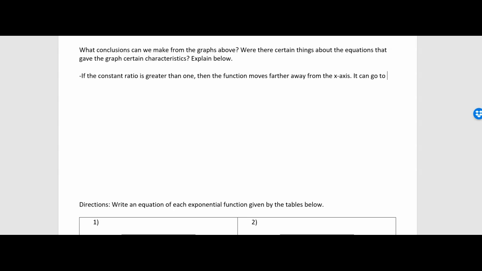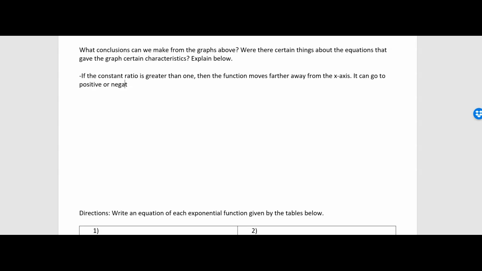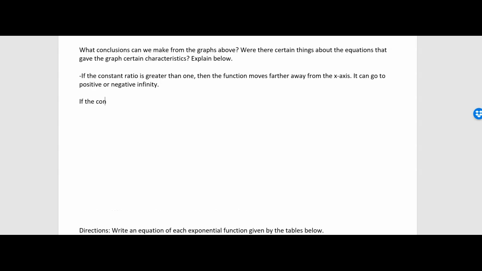It can go to positive or negative infinity. So it's going to move away from 0. It's going to get really, really large in the positive direction, or really, really large in the negative direction.